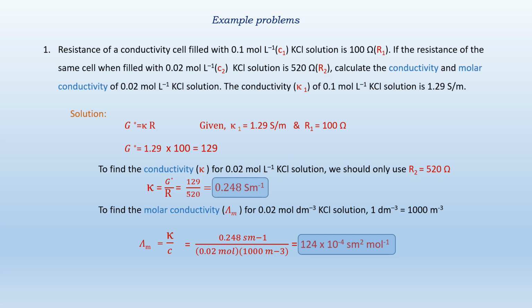You have to substitute the 1000 in the denominator, not in the numerator. If you want to express the same thing in centimeter cube, you multiply the same value by 1000. 0.248 divided by 0.02 into 1000 is expressed in Siemens centimeter square.